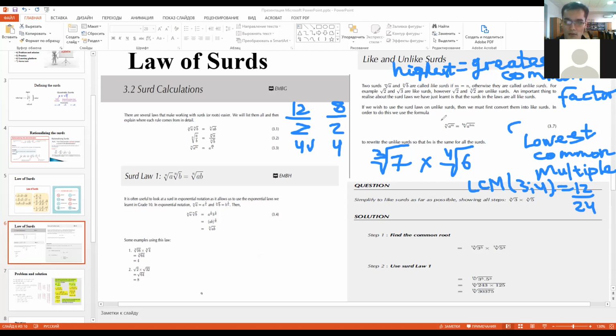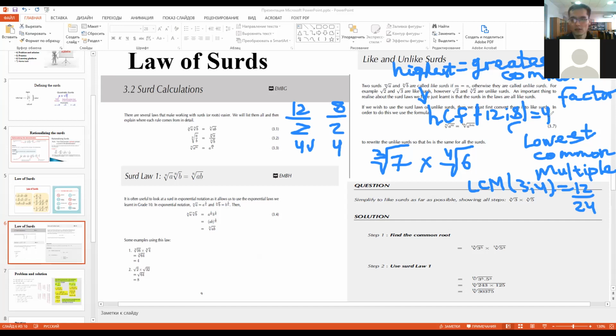So for example, you can write the highest common factor, or begin with G, greatest common factor of 12 and 8 is equal to 4.